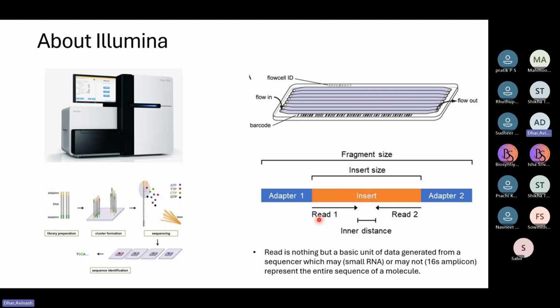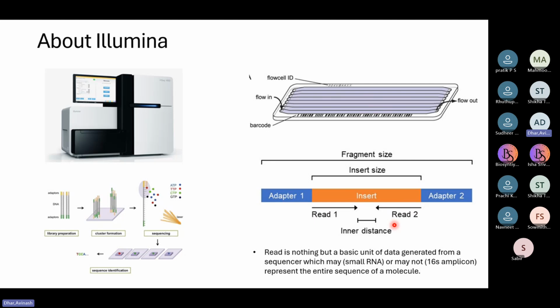The read that you get as an output from 5 prime to 3 prime sequencing is known as read 1 or the forward read. And the read that you get by sequencing your insert in 3 prime to 5 prime direction is known as read 2 or the reverse read.